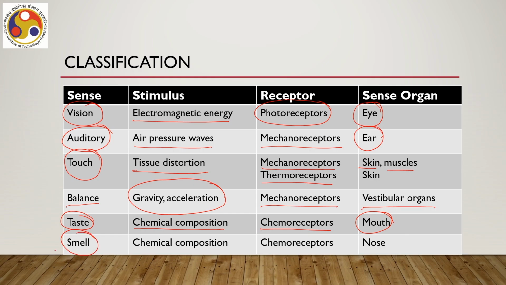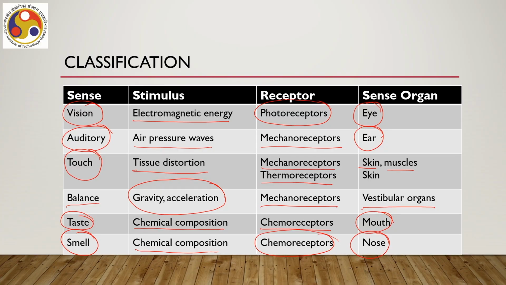Similarly, the smell sense is there, again chemical composition can be the stimulus, chemoreceptors are there, and the nose is the sense organ. So, we have these 6 senses, out of which 5 senses are well known, and balance is a sense for which we do not have any specific organ, unlike the other 5.